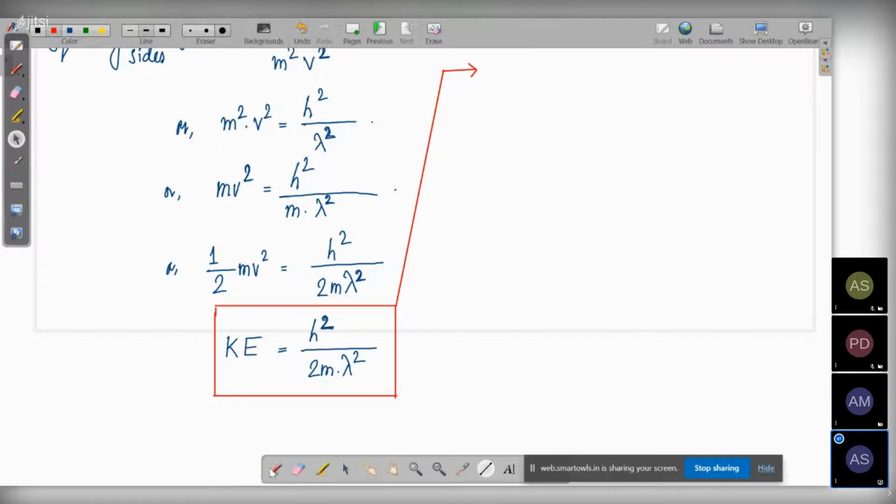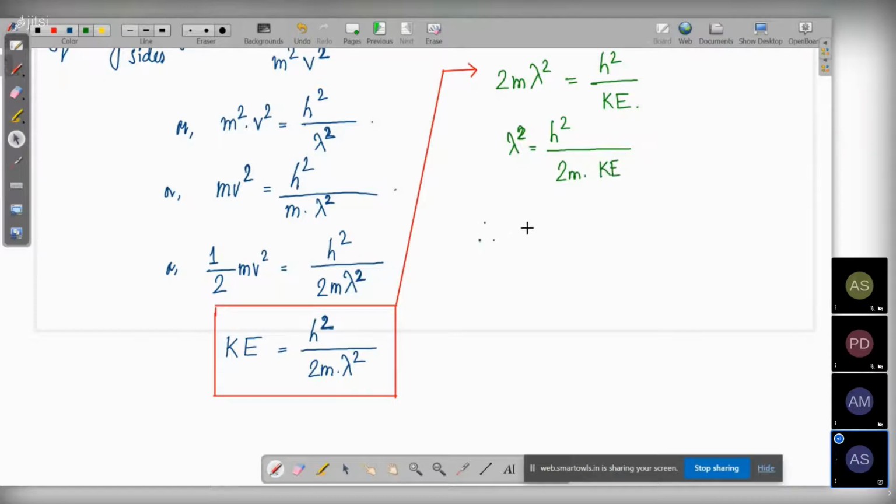So 2m lambda square is equal to h square by kinetic energy Ke, or you can write lambda square equal to h square by 2m Ke.